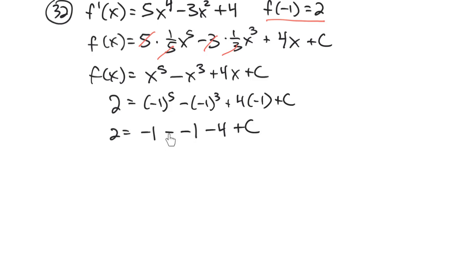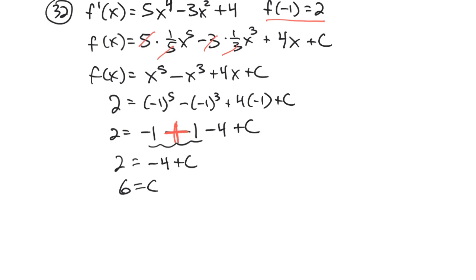That minus is right there. And this -1 is -1 cubed. So as you guys know, when you have this minus minus, you make this giant plus like that. So this gives us 2 equals, well, -1 plus 1, that's just going to go. So you get -4 plus c. Add 4 to each side, we get 6 equals c.